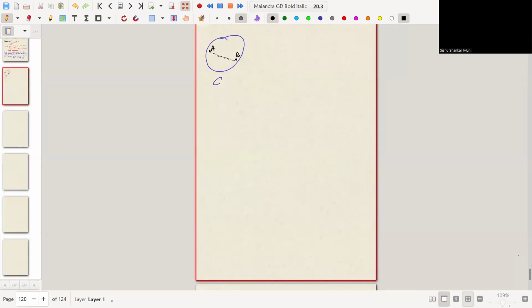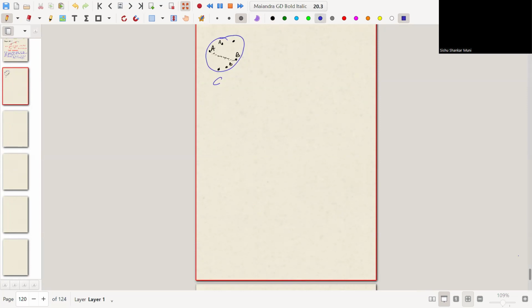And A and B should not be fixed. It can be any point A and B. It should hold for any point. If it holds at only one point, it is not a convex set. Similarly, you can take A and B, these two. Every time it will hold.